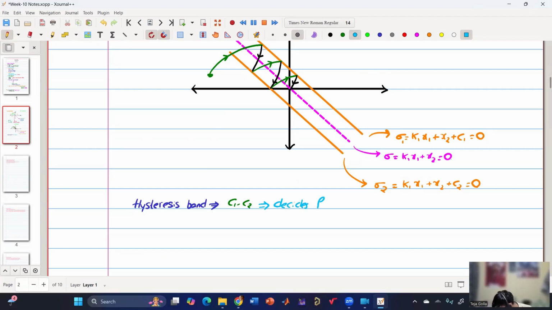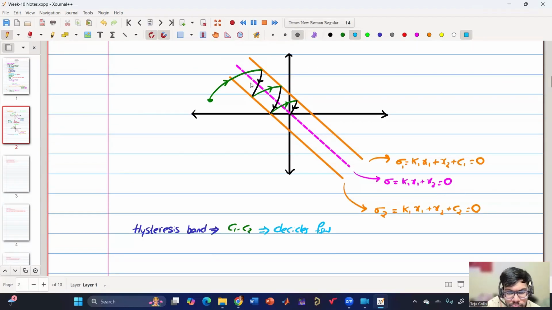So we let it turn on for some time as well as turn off for some time. The switching law is that whenever the trajectory tries to go above sigma 1, we turn it off, and whenever it tries to come below sigma 2, we turn it on. So it is like a hysteresis control. We decide the band, which decides the switching frequency, and because this is my equilibrium point, my objective is to make sure it reaches over here.